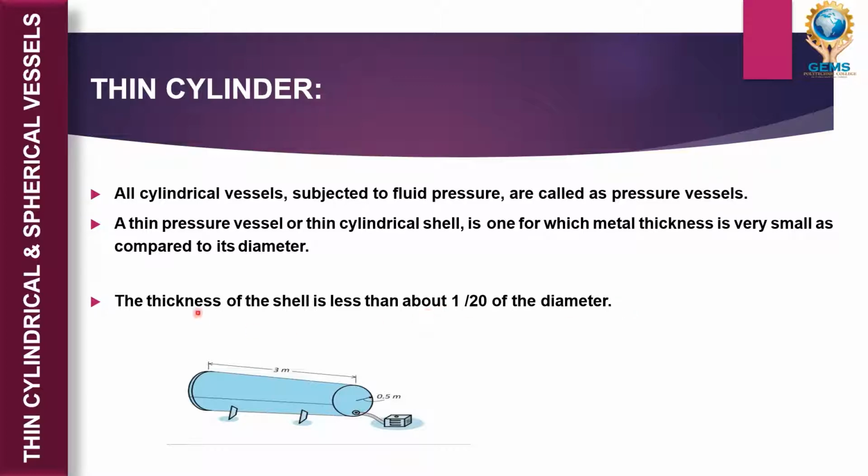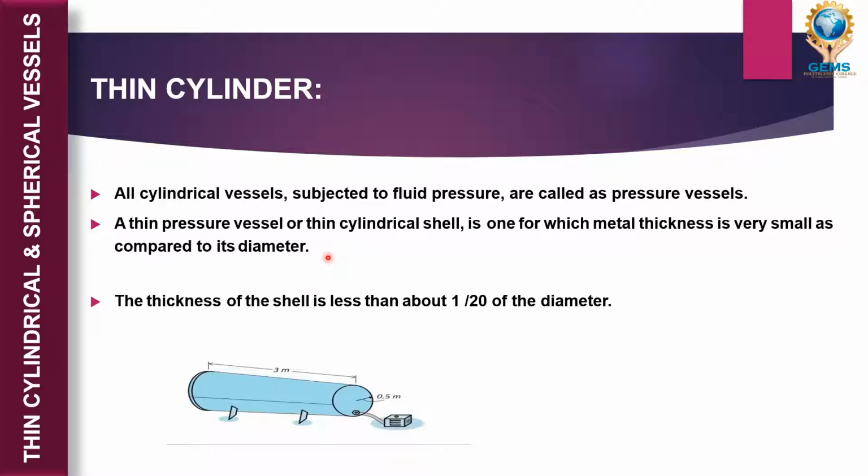All cylindrical vessels subjected to fluid pressure are called pressure vessels. A thin pressure vessel or thin cylindrical shell is one for which the metal thickness is very small as compared to its diameter.